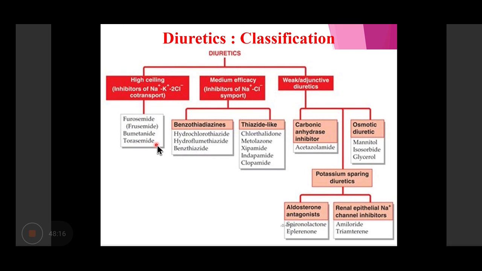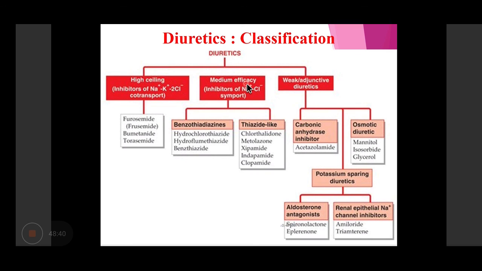Bumetanide, furosemide. Furosemide is most important. So this is just a difference between the American and the English. The English like to call it furosemide and the Americans call it furosemide. So the compound is the same, little bit of difference in the name.